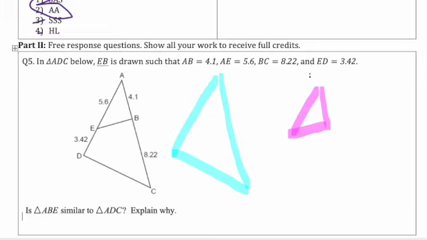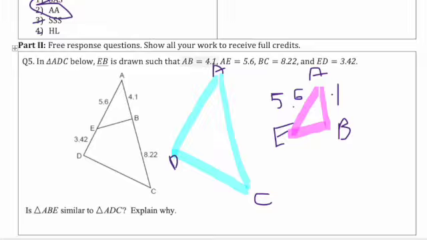This is A, E, B, and this is A, D, C. And you can start to see now AE and AC correspond, right? And AE is 5.6, AB is 4.1. And so AD is 5.6 plus 3.42.